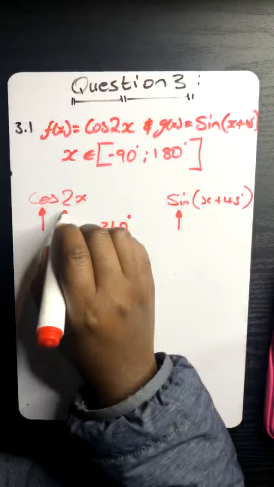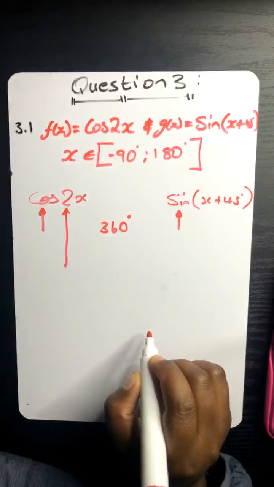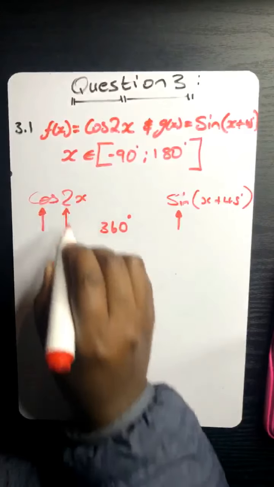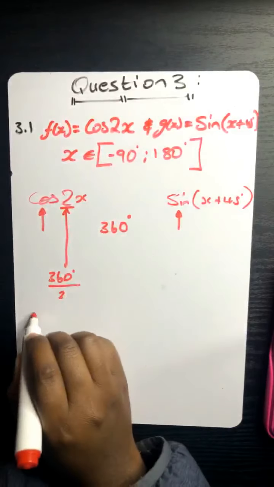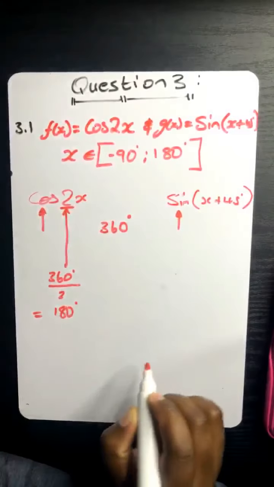But the moment we have a number there, it is no longer 360 degrees, but 360 degrees divided by whatever number you have. In this case we have 2, which means the period for that one is 180 degrees.